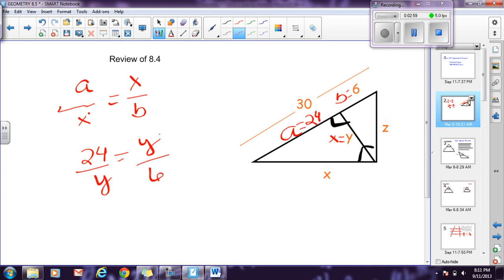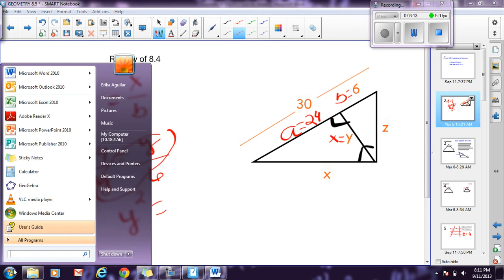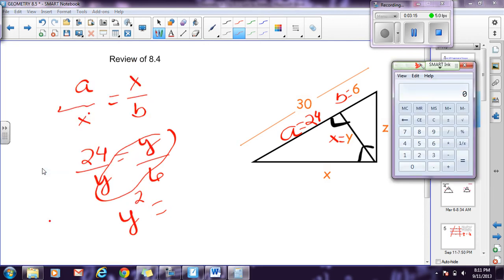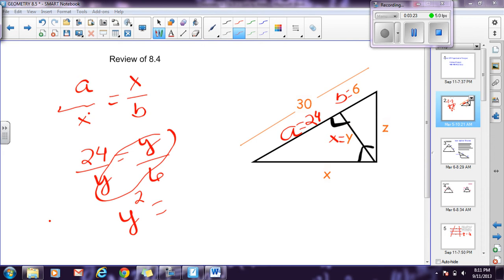So if we cross multiply, y times y is y squared, equals 24 times 6. This is where I get my calculator out. What is 24 times 6? Right, 24 times 6 equals 144. Oh, easy, because we know that the square root of 144 is 12. So you square root it, y equals 12. Great.